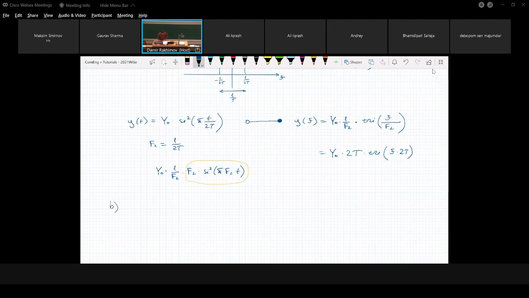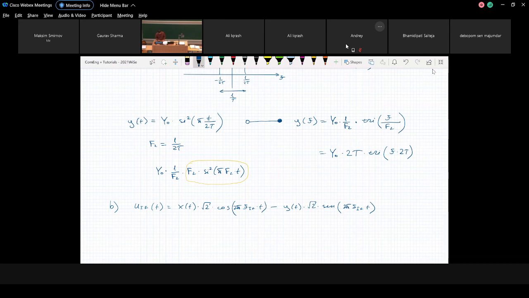So part B, we have the signal x intermediate frequency of t, and we get it as x of t times square root of 2 times cosine of 2 pi f intermediate frequency times t, minus phi of t times square root of 2 sine of 2 pi f intermediate frequency times t.